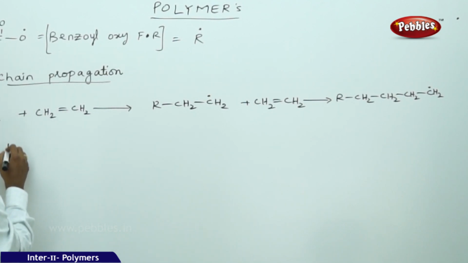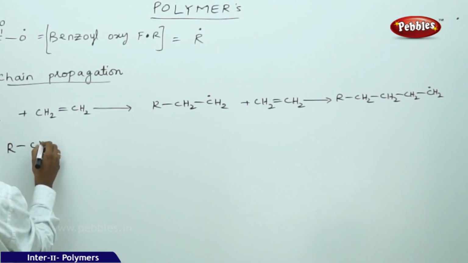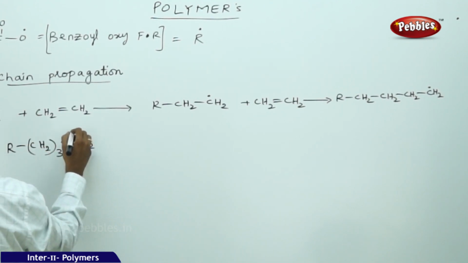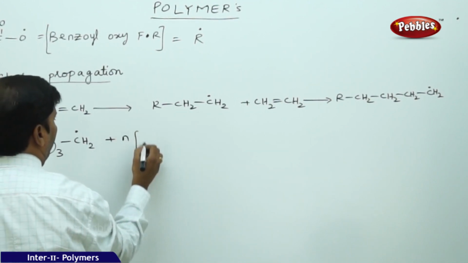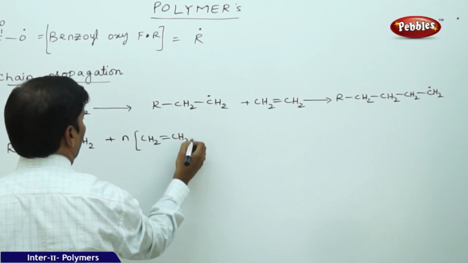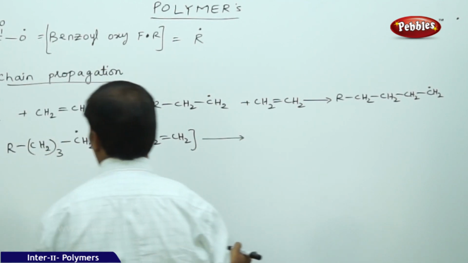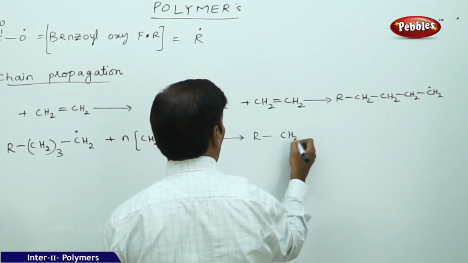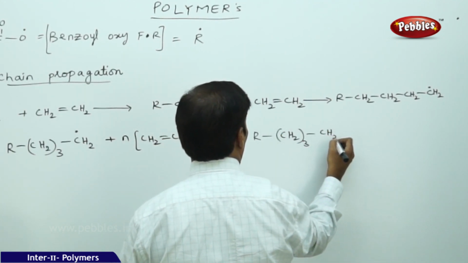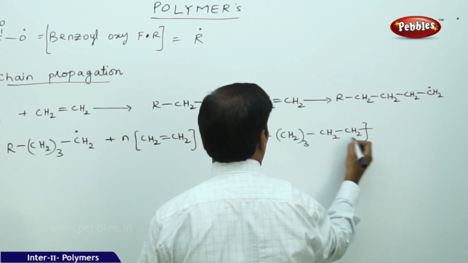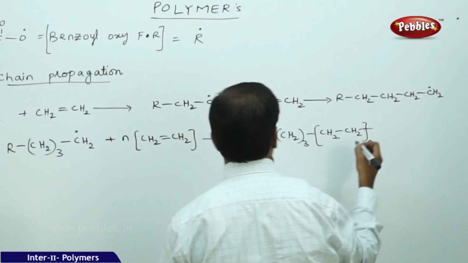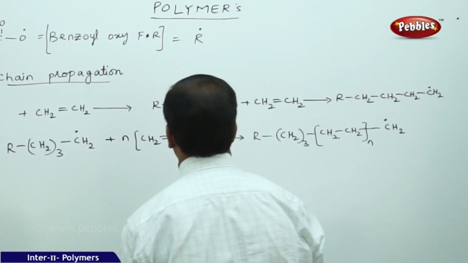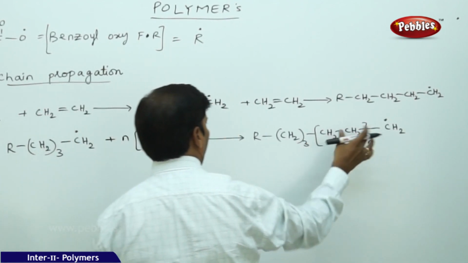If you add n number of ethene molecules, you get the polymeric nature, and still it is a free radical, an expanded form of the free radical.